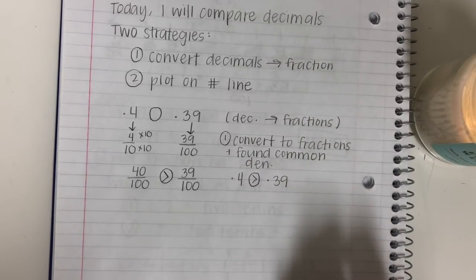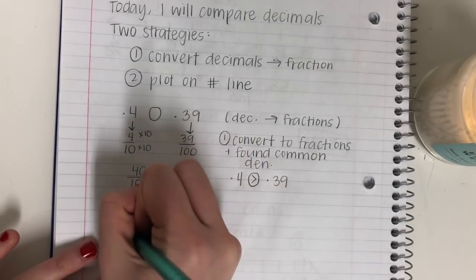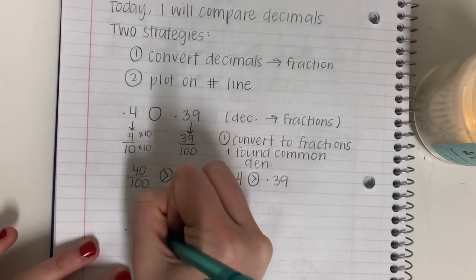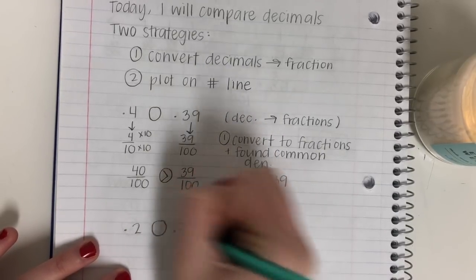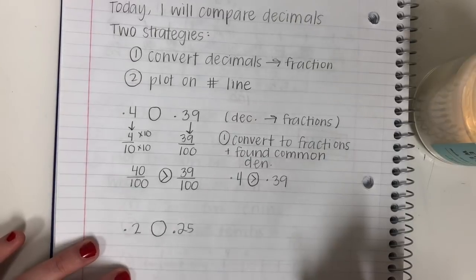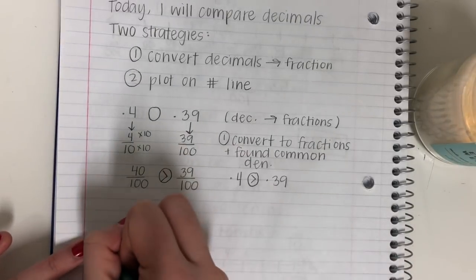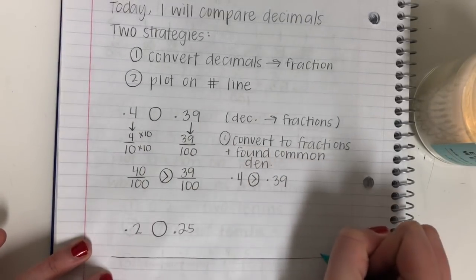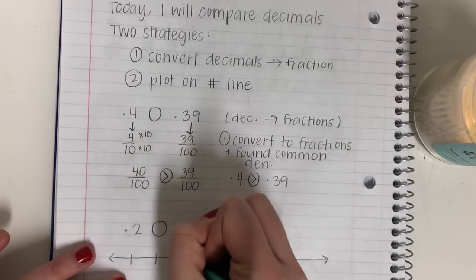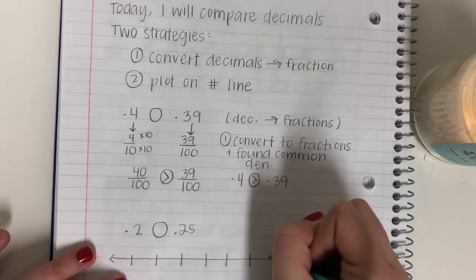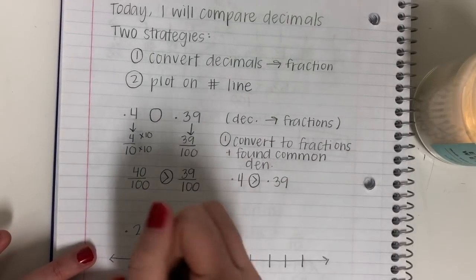Okay, let's try this one by using a number line. So we're going to do a different one. So let's compare 2/10 and 25/100. So we're just going to plot them on a number line. So I'm just going to draw my number line. We need 9 lines. 2, 3, 4, 5, 6, 7, 8, 9.